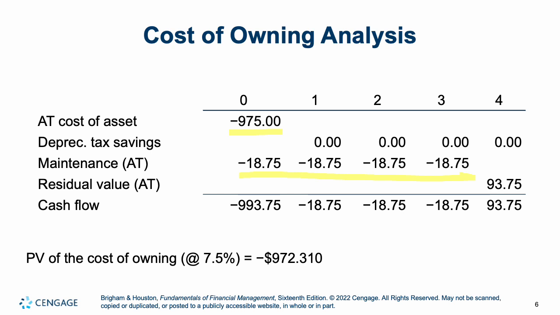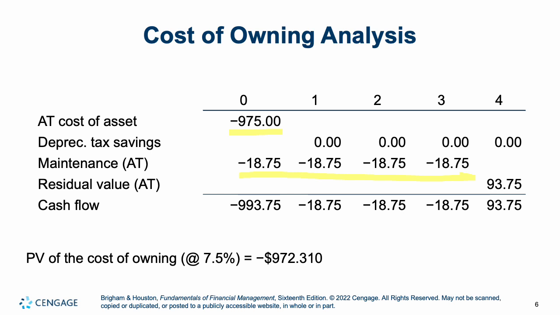The reason it's not the full $25,000 is that we can write off part of it on our taxes as well. So that's why it says maintenance after tax. So we're going to have to spend $975,000 up front plus $18.75 effective immediately. And then for the next 3 years, we have a maintenance payment as well. So we have negative cash flows. Obviously, it's going to be negative because we're purchasing it. It's costs to us.